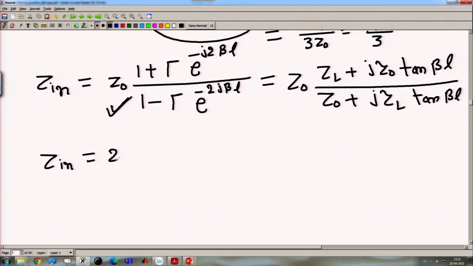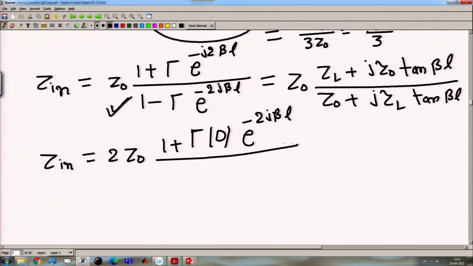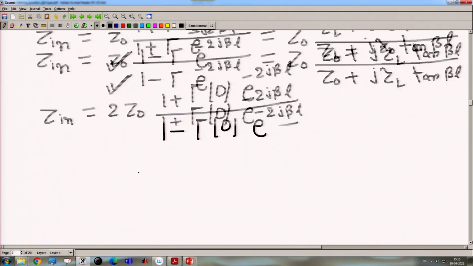So, we can write 2 Z naught times 1 plus gamma 0 e to the power minus 2 j beta L, divided by 1 minus gamma 0 e to the power minus 2 j beta L. Here gamma is gamma 0 and Z naught is 2 Z naught, the characteristic impedance of the transmission line. We substitute gamma 0 equal to minus 1 by 3.